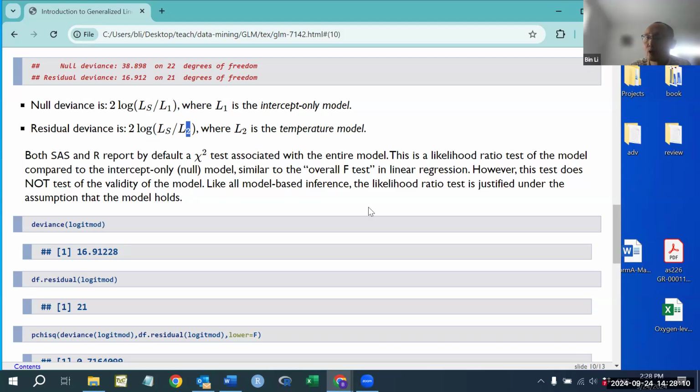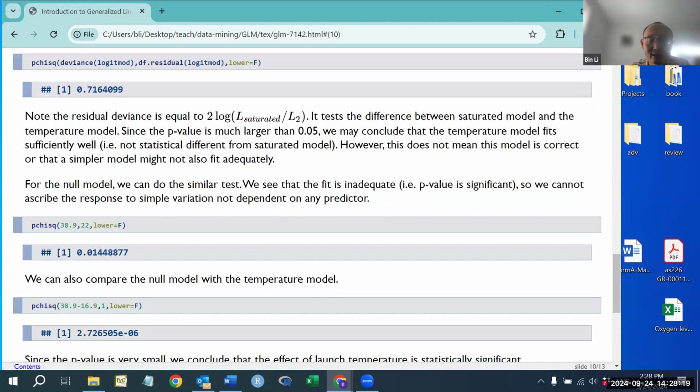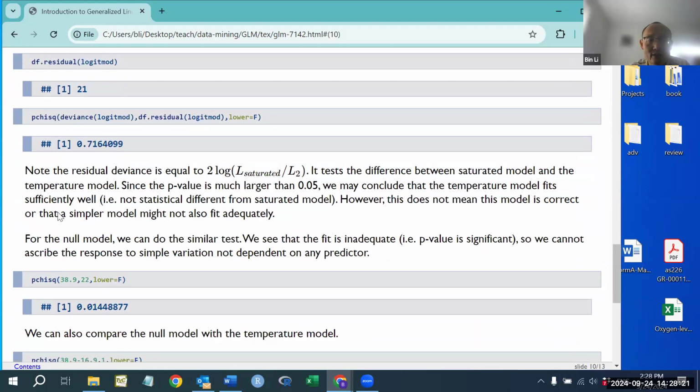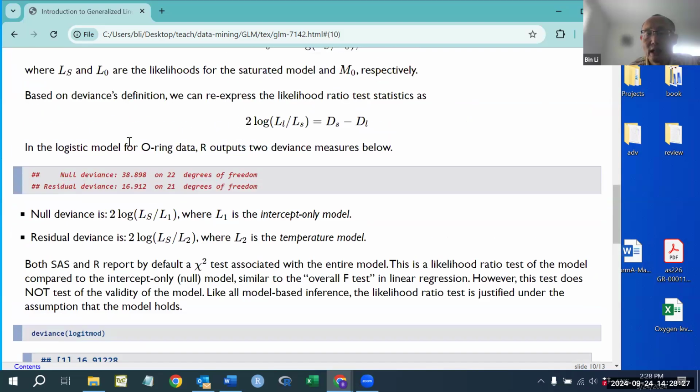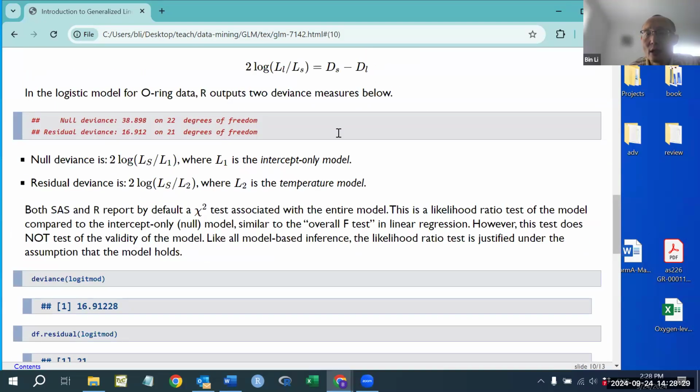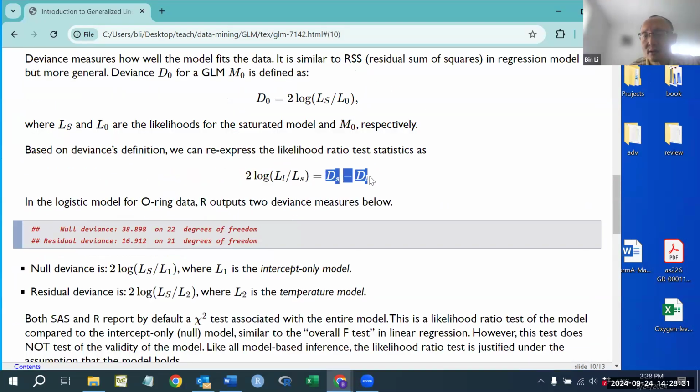We use the temperature information to predict the probability of damage on the O-ring, right? So you can see the p-value is 0.7, which is not significant. That implies there is no significant difference between these two models.